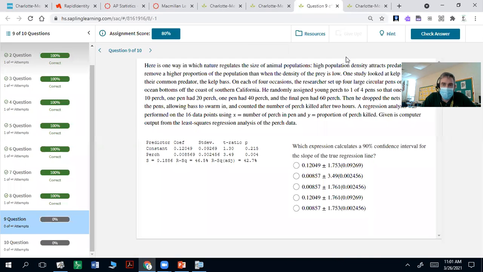Based on the slope and the standard error, you can probably get rid of a couple of the answer choices that way.